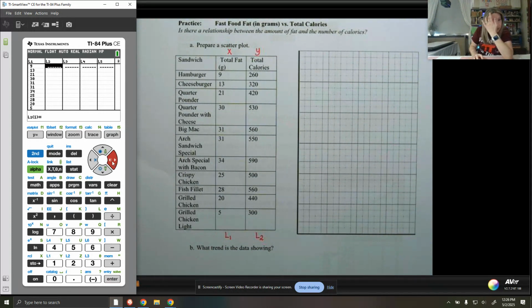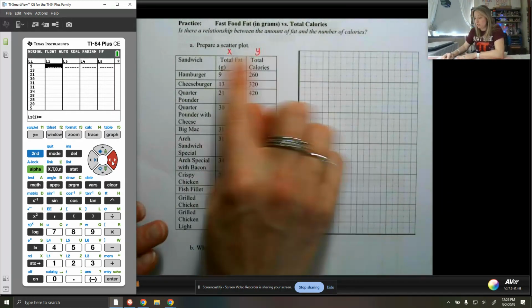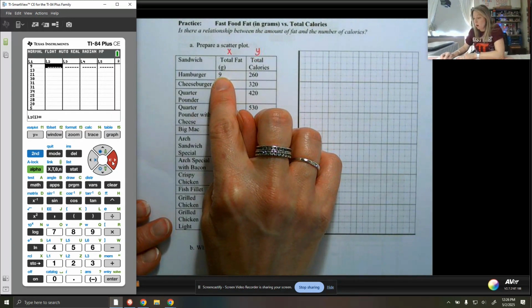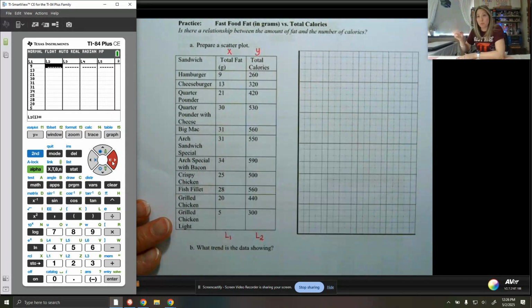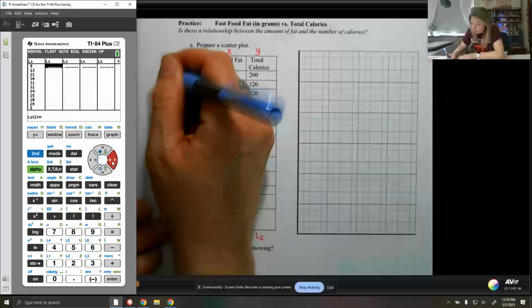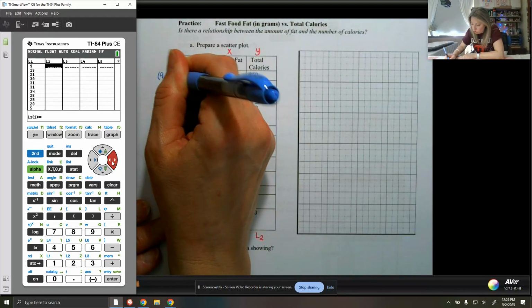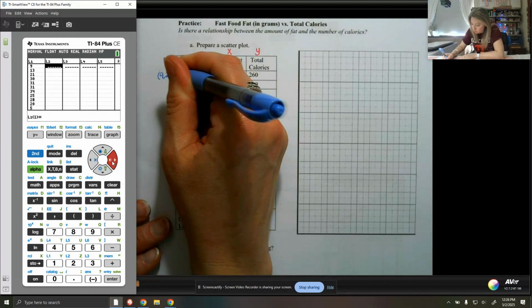Now, when we arrow right to L2 to enter our total calories in this list, we want to make sure as we go that whatever the fat grams and calories that are supposed to match up as a coordinate are doing so. Because keep in mind, this is the coordinate 9, 260.